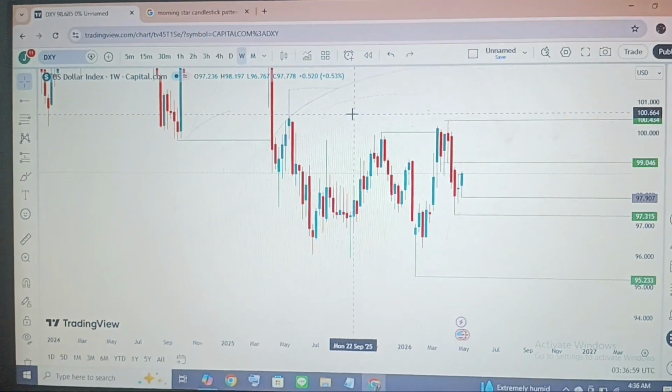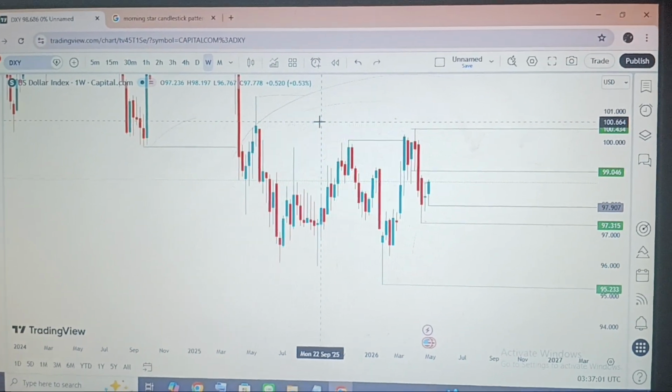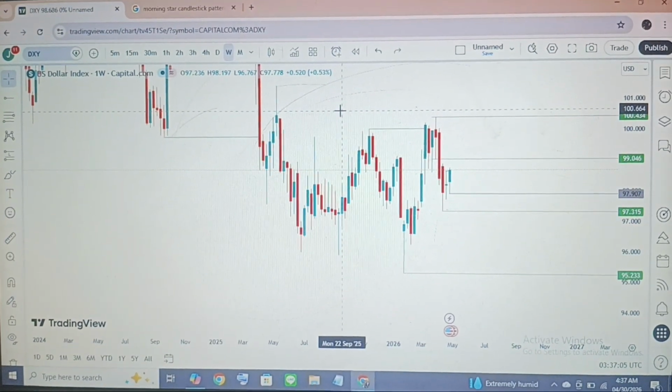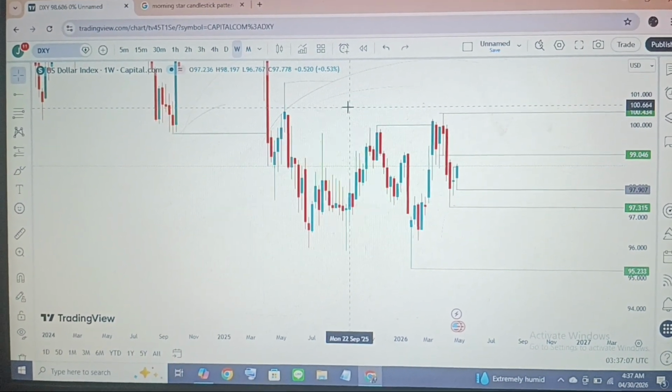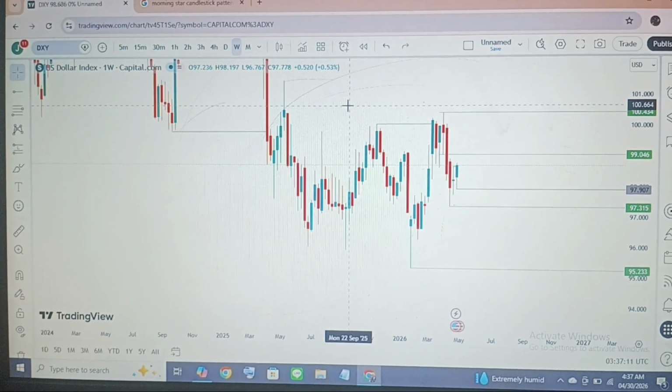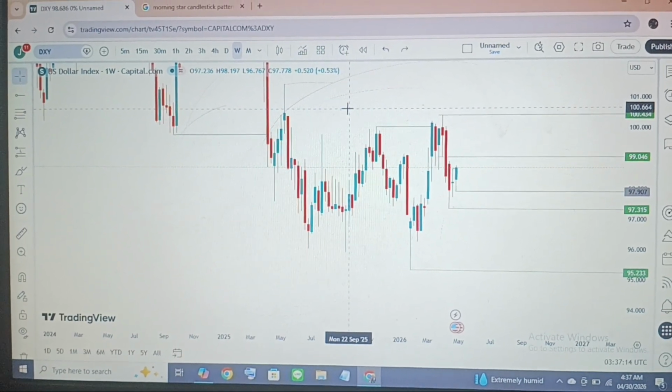Once you figure out the direction the DXY is trending, if the DXY is pushing to the upside, in other words, it means the US dollar is being strengthened against every other pair, meaning other pairs will drop, like GBP USD and Euro USD.